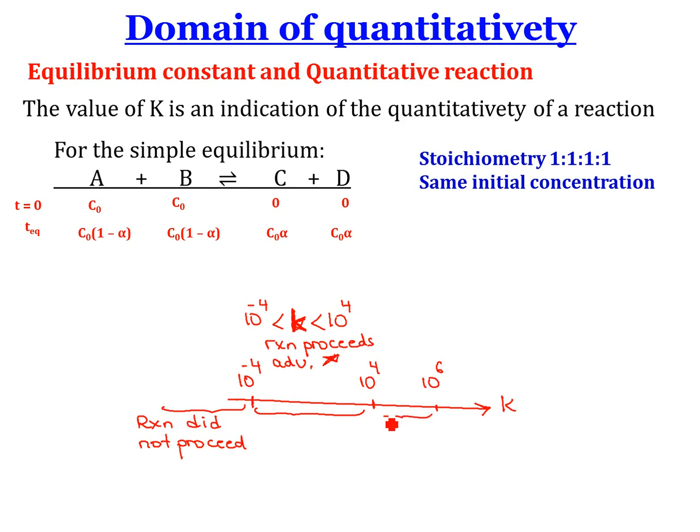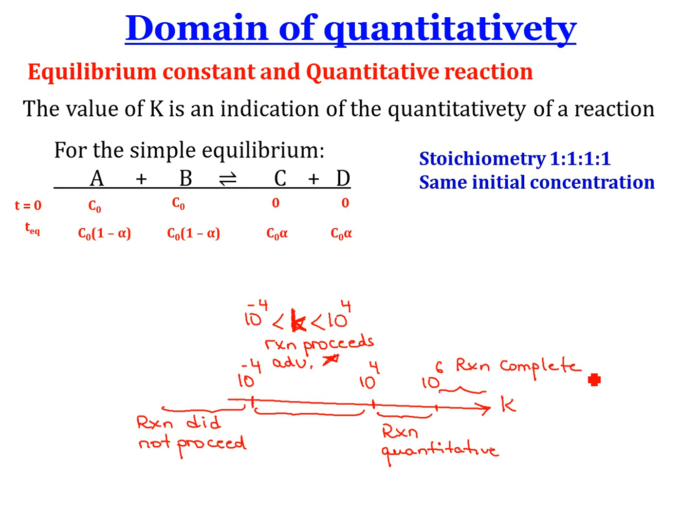From 10 to the power 4 to 10 to the power 6, the reaction is quantitative. And greater than 10 to the power 6, the reaction is complete. So this is the domain of the quantitativity for a reaction.